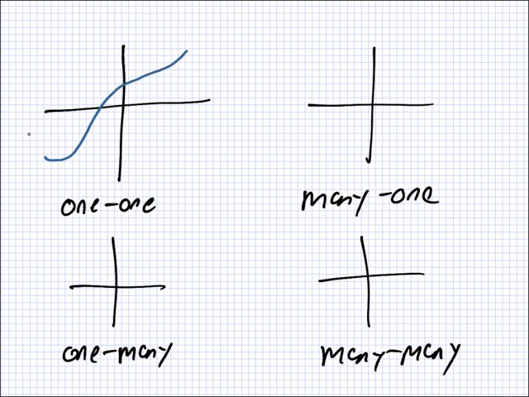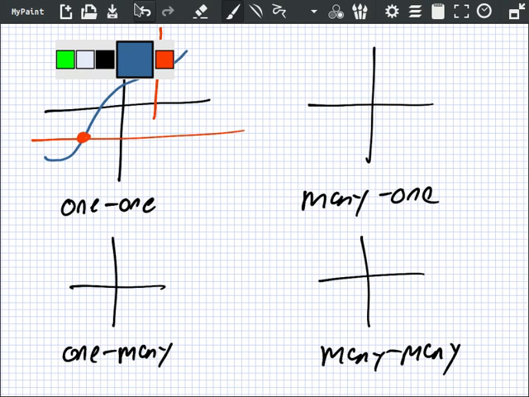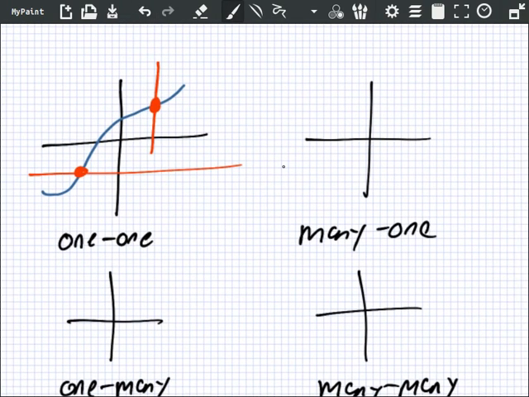If you draw a horizontal line, it meets only once, no matter where. Linear is one-one. And if you draw a vertical line, it should also meet only once.